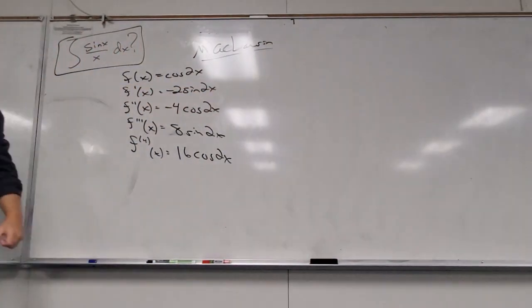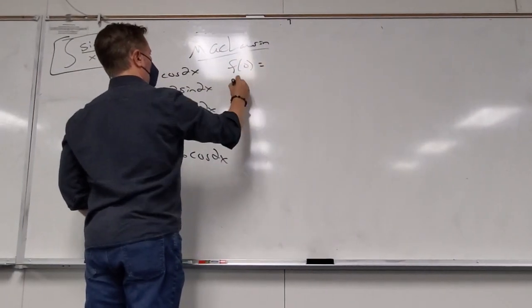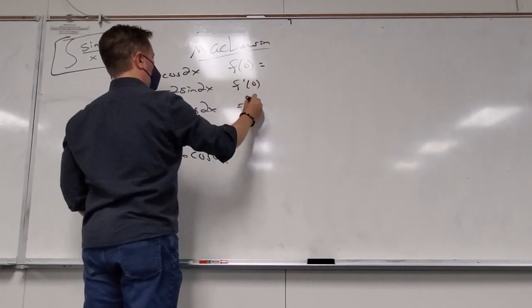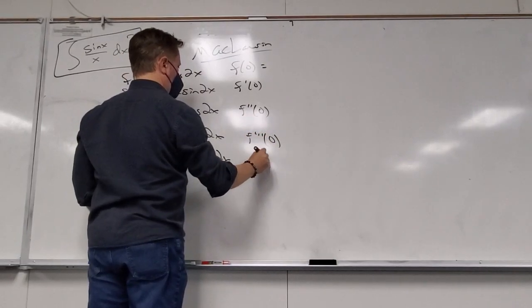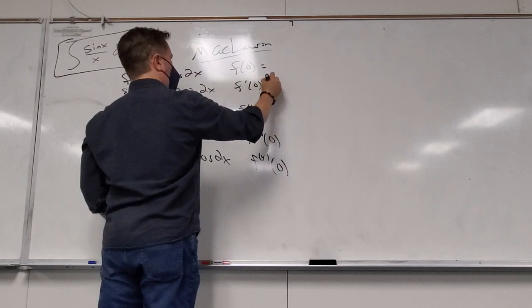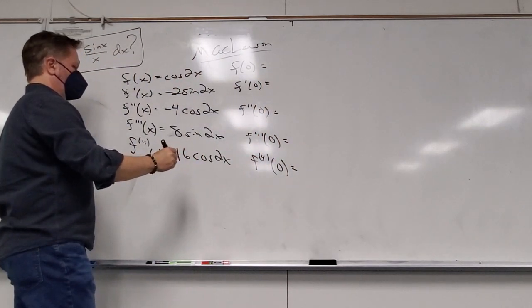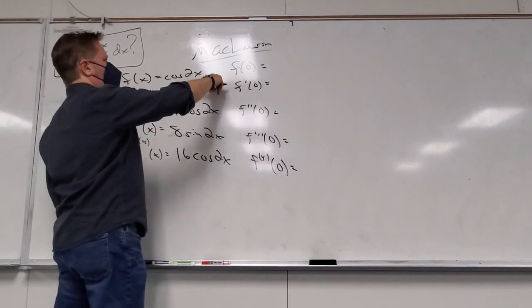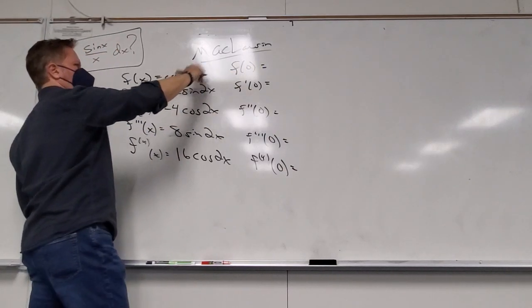What does that mean? Maclaurin series. a equals 0. So then I want to evaluate each of these at 0, and that becomes very, very simple. We might have to do two more, actually. So what's f of 0? 1.